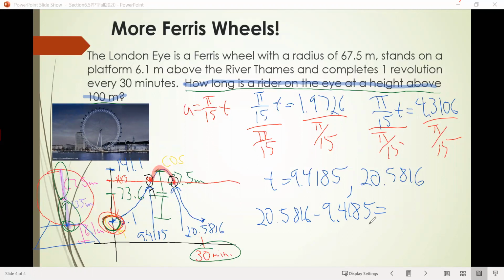When we do that, we end up with 11.1631 minutes. So right around this Ferris wheel would be above that height for 11.1631 minutes.